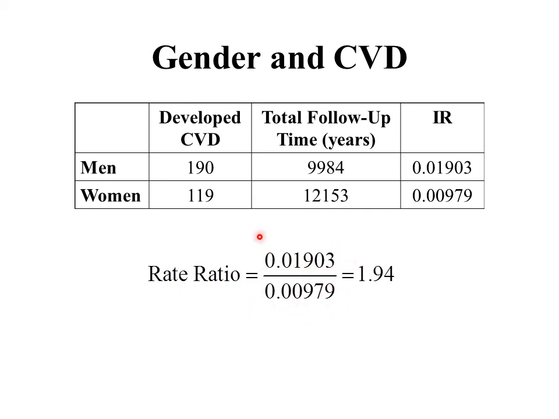So we'll kind of interpret being a man as being exposed to cardiovascular disease. Now whether that's really a proper interpretation or not is maybe up to debate, but for the purpose of this exercise we'll just call that the exposed group divided by the unexposed group. We do that arithmetic and we get 1.94.